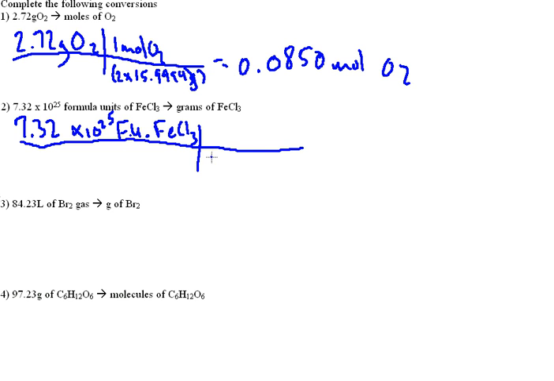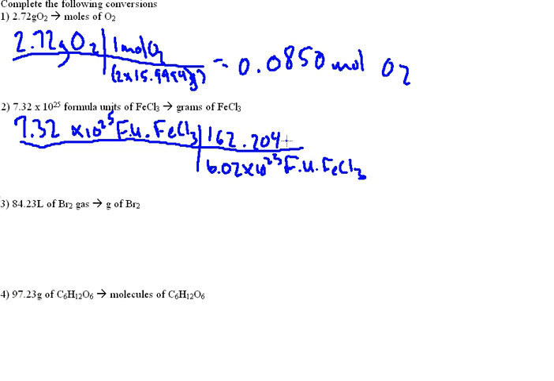So if we have 6.02 times 10 to the 23rd formula units of any substance, in this case iron 3 chloride, we're going to have our molar mass of that substance, again in this case iron 3 chloride. This number that I'm getting up here, this is what we end up if we sum together our molar mass of iron and 3 chlorines.